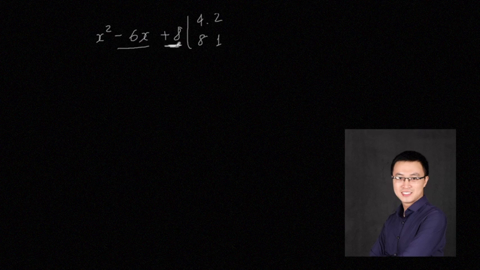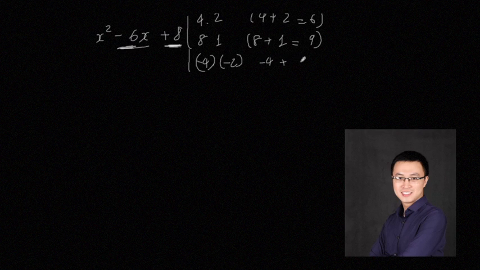Separate 8 into factors and add each pair of factors together; you need to find the pair that equals minus 6. Here 4 plus 2 equals 6, it's not minus 6. 8 plus 1 equals 9, no, it's not minus 6. But we have forgotten the second option, minus 2 times minus 4.